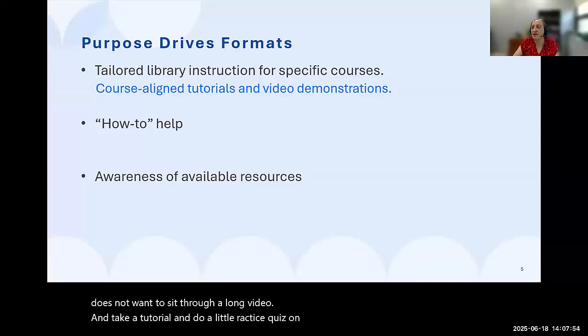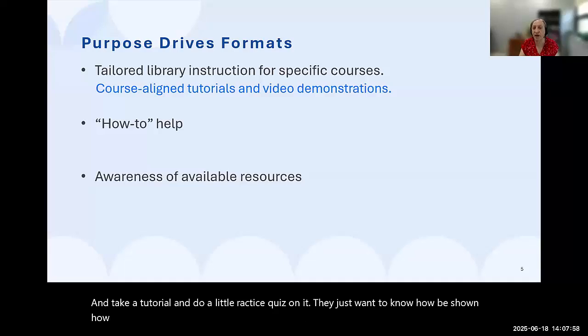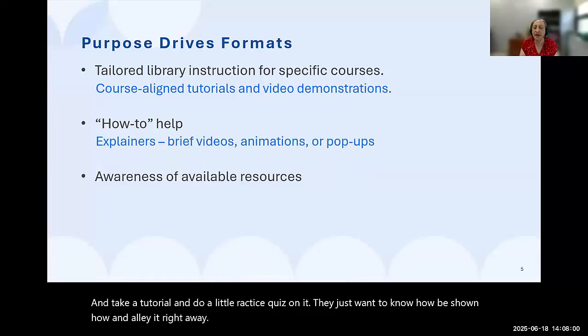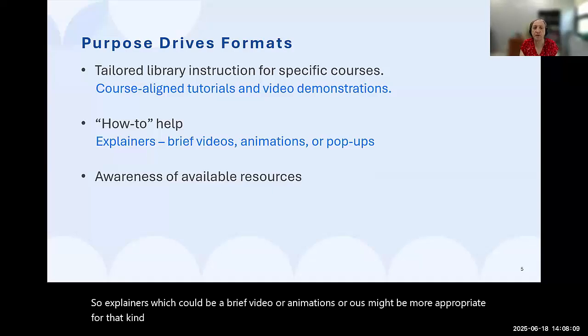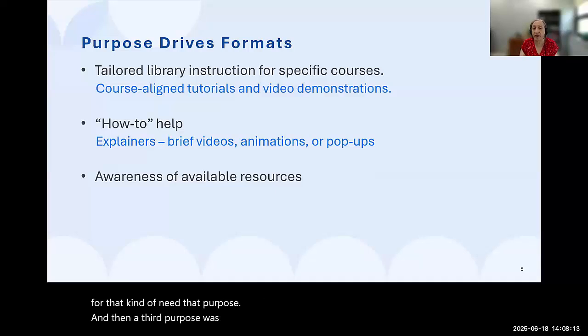They just want to be shown how and apply it right away. So explainers, which could be a brief video or animations or pop-ups, might be more appropriate for that kind of need, that purpose. And then a third purpose was the awareness of available resources.